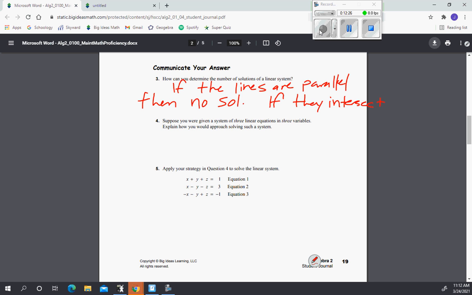If they intersect at least once, then there is at least one solution.